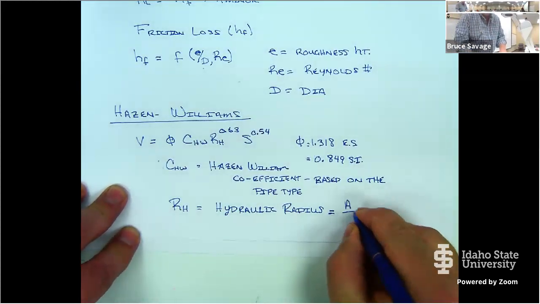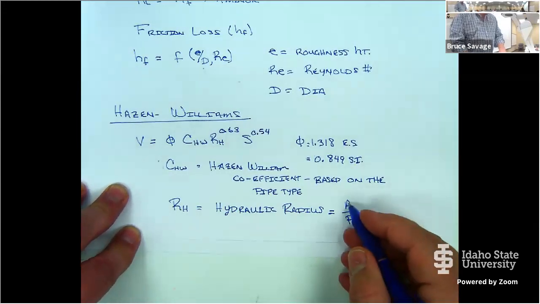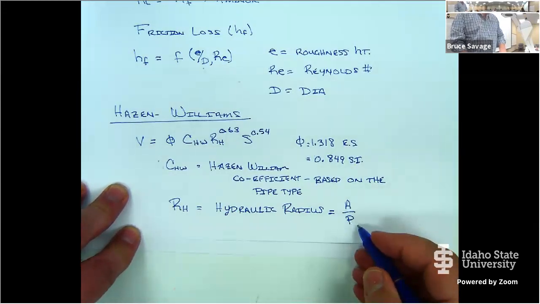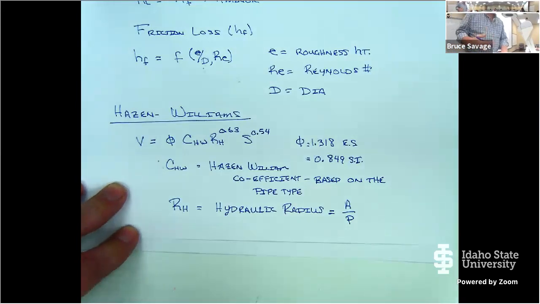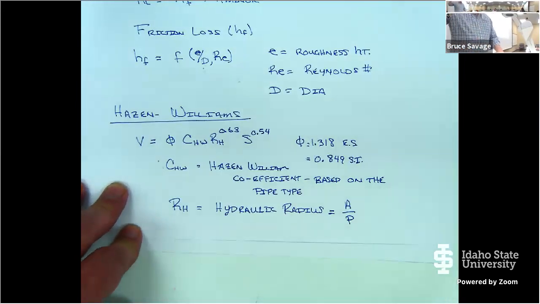Good. Area over wetted perimeter. So A represents the area, P represents the wetted perimeter. Wetted perimeter then is the perimeter that is wet. Imagine that, right? So if I have a full pipe flow, the entire circumference is wet. So for circular pipes, what does the hydraulic radius collapse to?